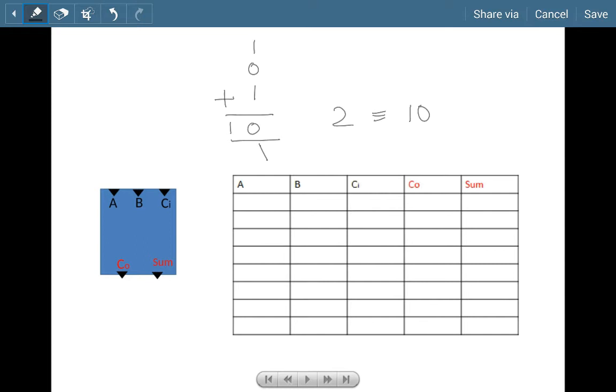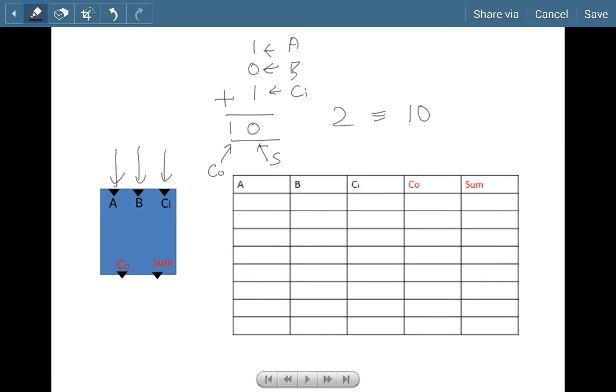Let's call this the sum, and let's call this the carry out. What the FullAdder does is help you produce this result, the carry out and the sum. So in this example, you're trying to add, let's call this A, this B, and this C, the input C in.